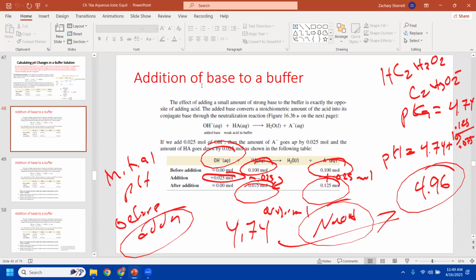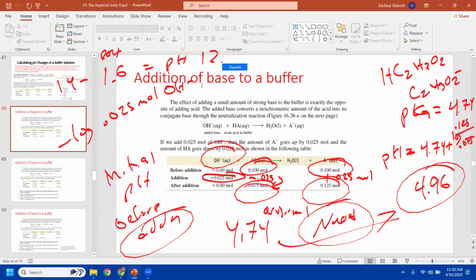What if we just had water and we added 0.025 moles of OH minus? What would be the pH of that solution? What's the negative log of 0.025? 1.6, which is the pOH. That means we do 14 minus this, so the pH is 12.4.